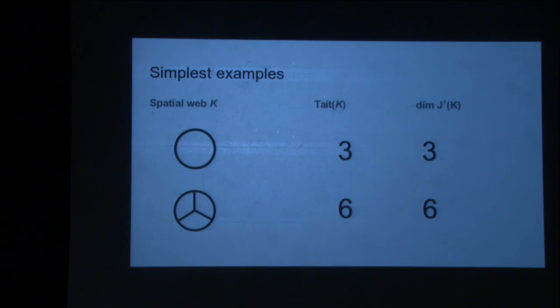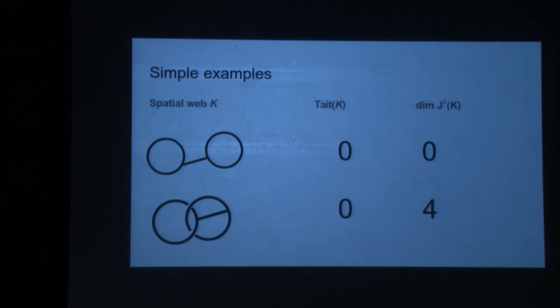The next one is the tetrahedron graph, and the number of Tait colorings is 6, and the dimension of the instanton homology is 6. There are no Tait colorings of this graph with an embedded bridge, and this is also the exception to the non-vanishing theorem. The dimension of J sharp in this case is 0.